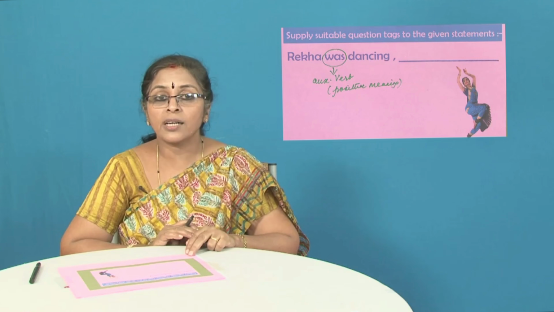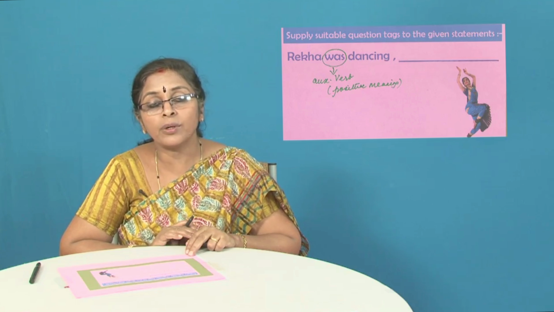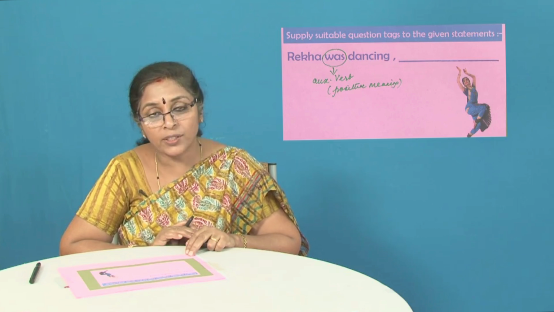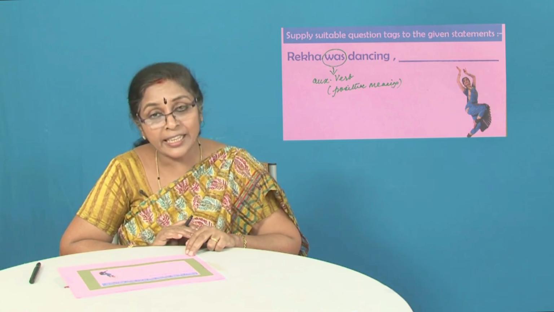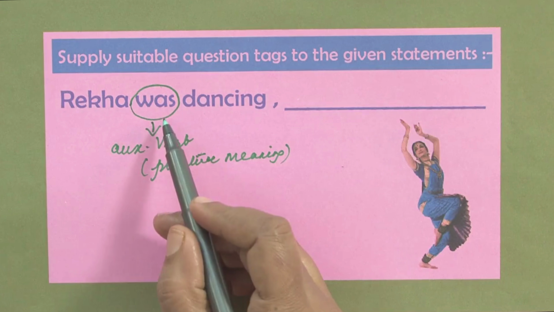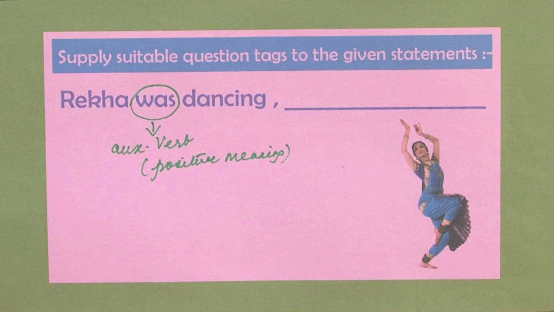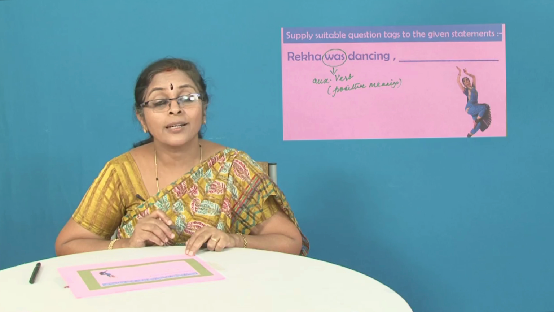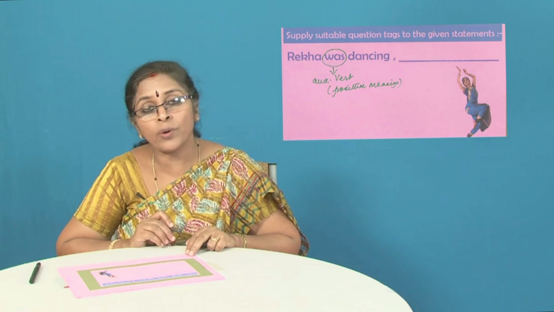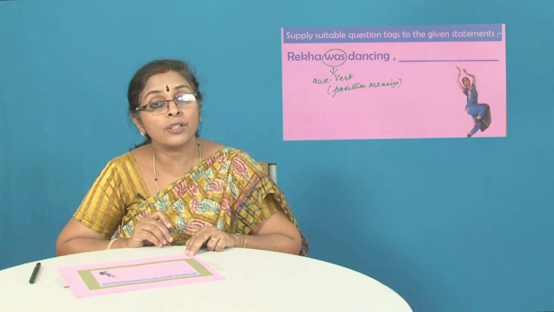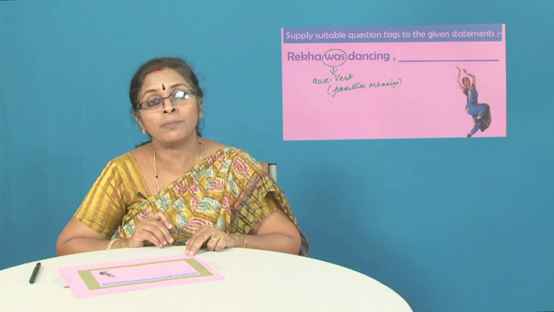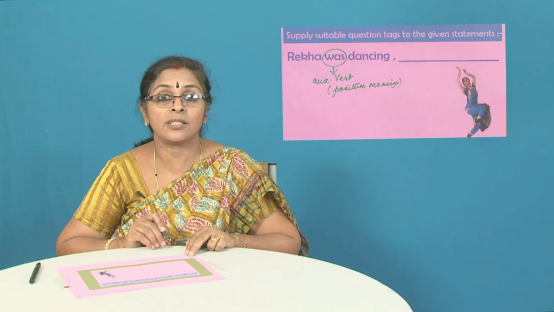So Rekha was dancing. Was is the auxiliary verb. It indicates a positive meaning. So the question tag has to be negative, and since we are making use of the same auxiliary verb was, you are going to write it as wasn't she. Are you going to write it as wasn't Rekha or wasn't she? You will write it as wasn't she, because you are not going to make use of names of people in the question tag.